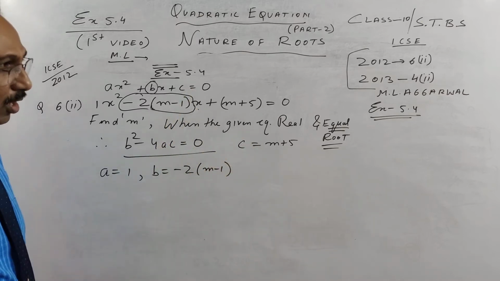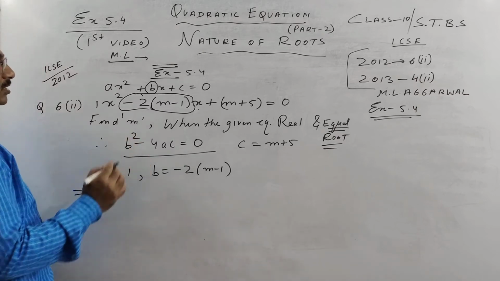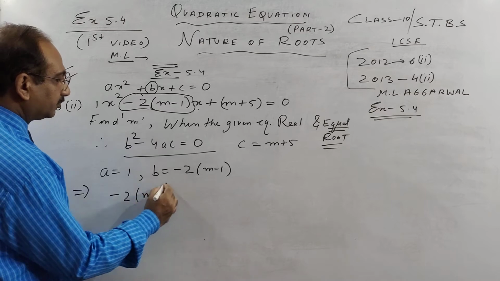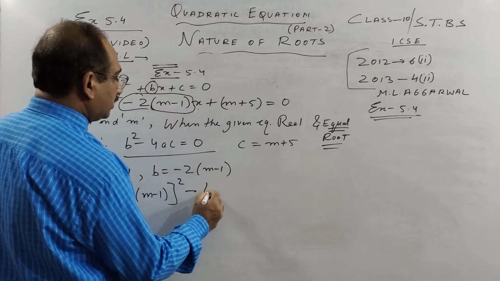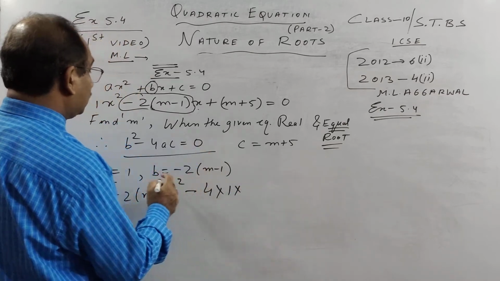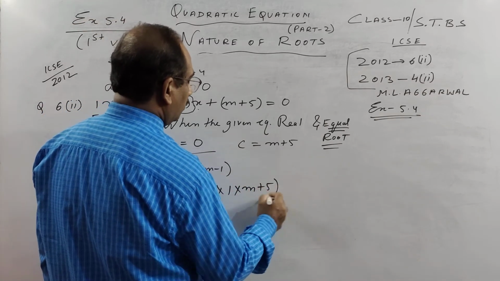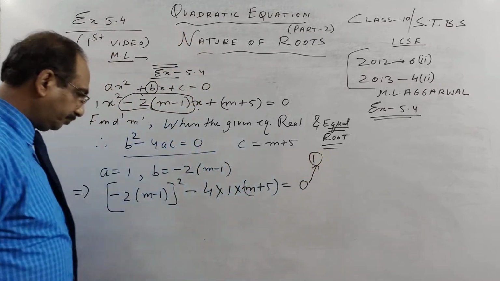Now we apply, children, the discriminant equal to 0: b square, whole square because of the negative sign, minus 4ac, a is 1 and c is m plus 5, equals 0. If you come this far, I think you will get 1 mark.